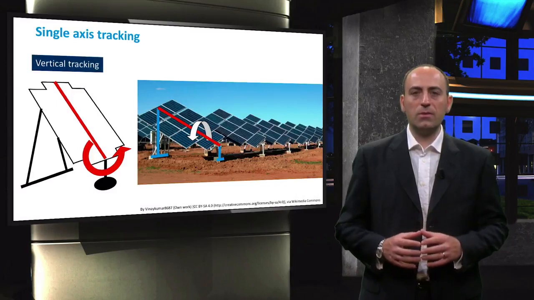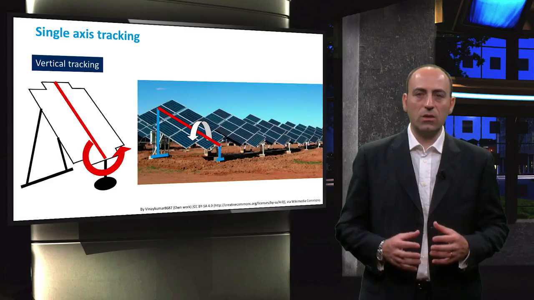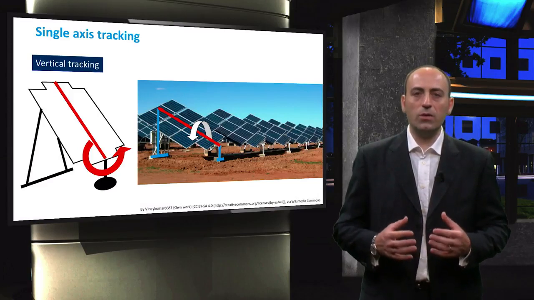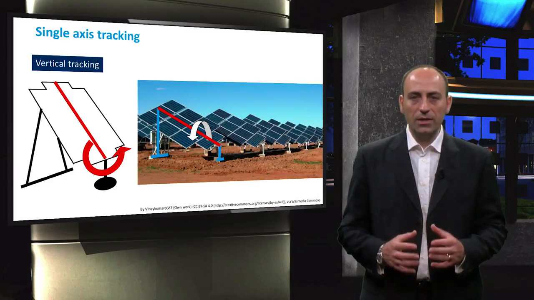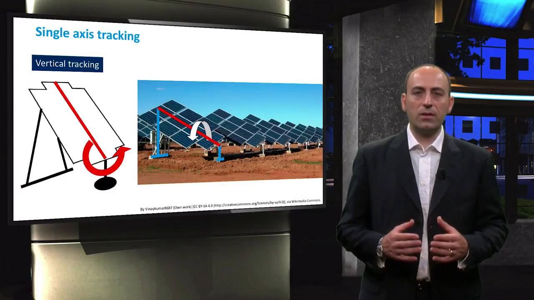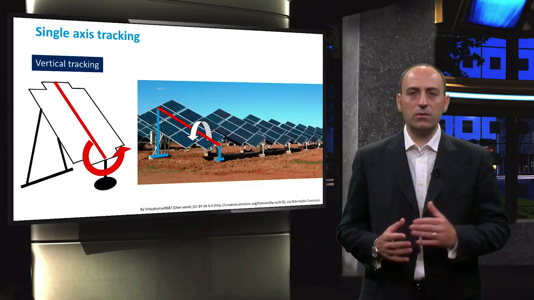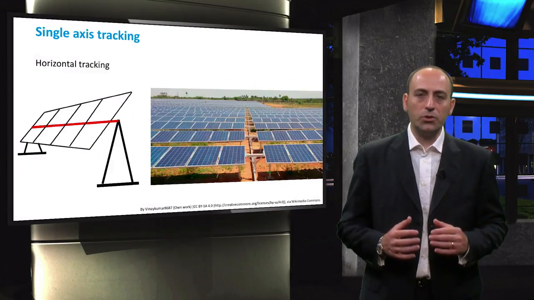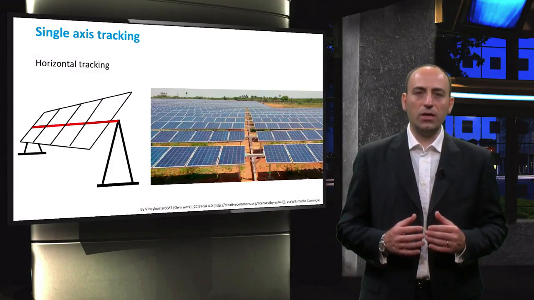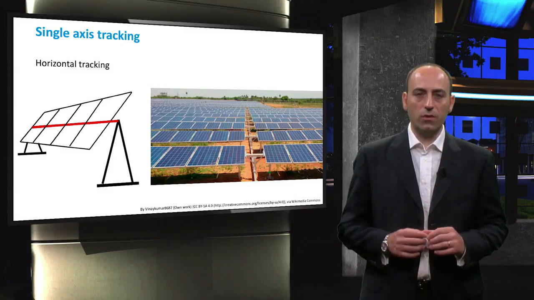This sort of system is called the daily or vertical tracking system because the axis of rotation is aligned vertically with respect to the ground. The electric motor can therefore tilt the panels during the day such that they track the sun as it moves from east to west.